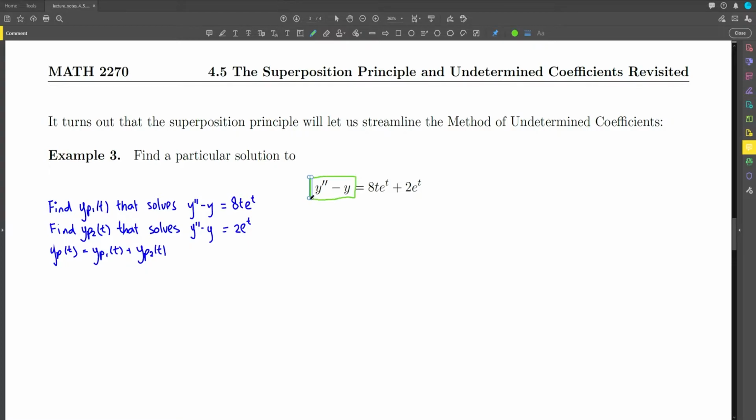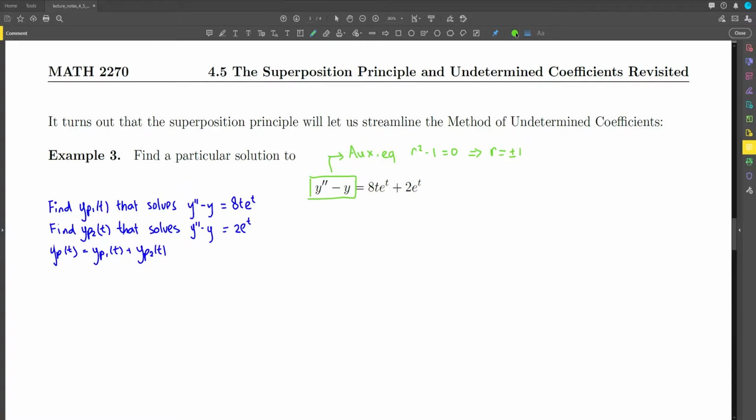We take a look at this differential equation that leads to the auxiliary equation r squared minus 1 equals 0, and that leads to r equals plus or minus 1. That's the solution to that auxiliary equation.